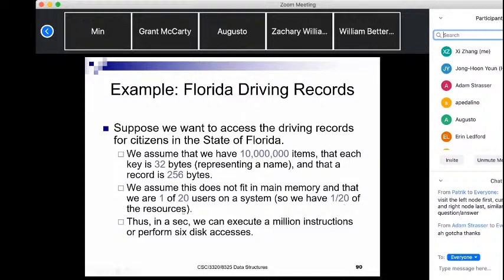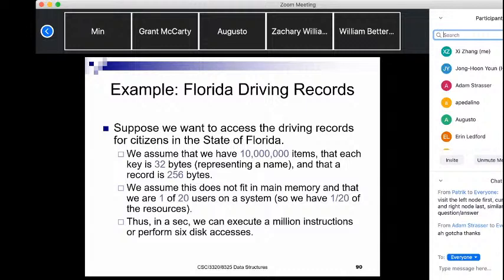Based on that assumption, in 1 second we can execute 1 million instructions, because 20 million instructions is what we can have every second, and it's a shared system. And how many disk I/O operations can you have? 120 divided by 20, only 6 disk I/O operations take 1 second of execution time.